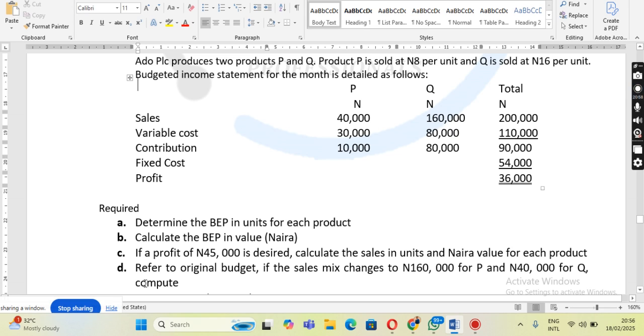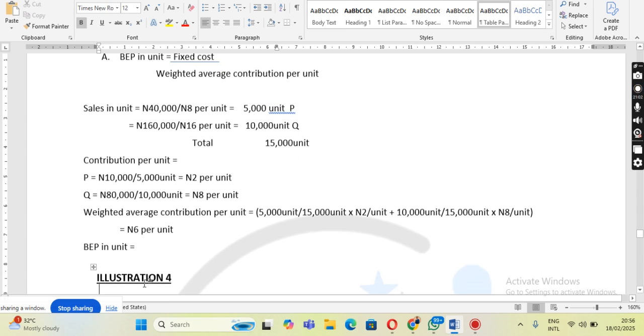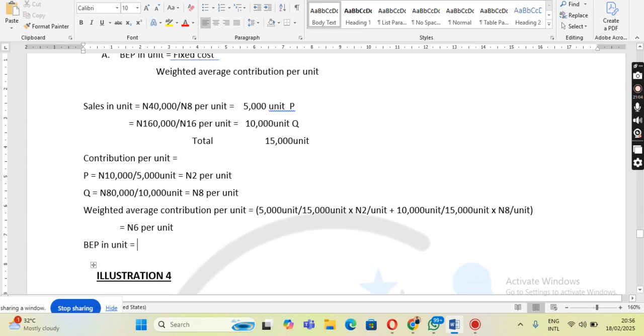The fixed cost is 54,000 naira, divided by the weighted average contribution per unit, which is 6 naira per unit.